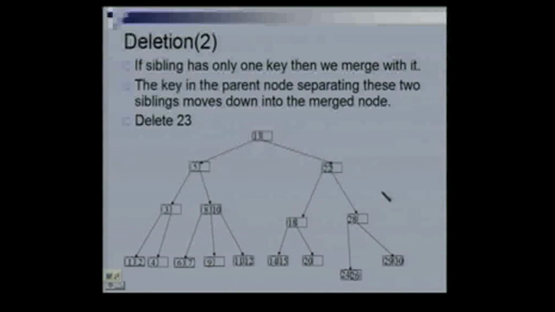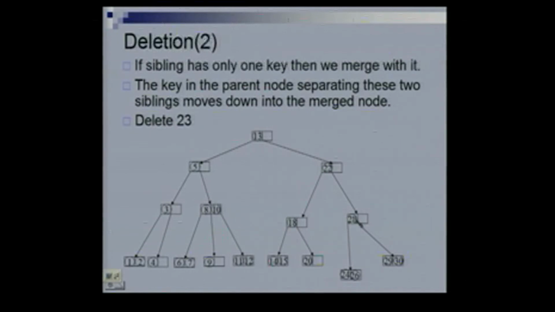We also saw that this process could go up and up, because what we have effectively done is removed one key from this node. But if this node had only one key, then it would have become empty. What if this 28 was not there? If this 28 was not there, this would have become empty. Then we would have tried to borrow one from here, but we cannot because there is only one.